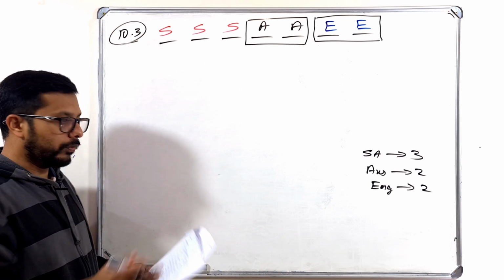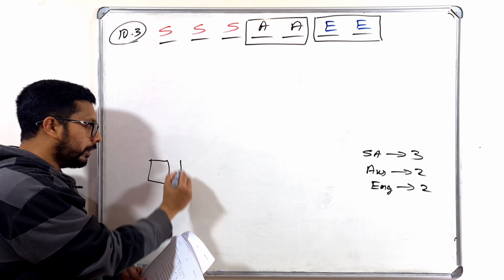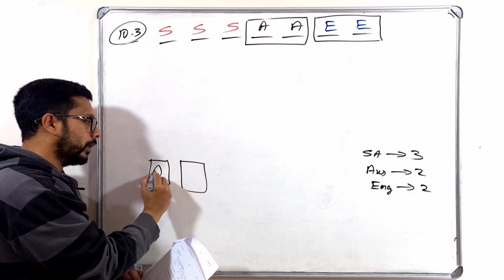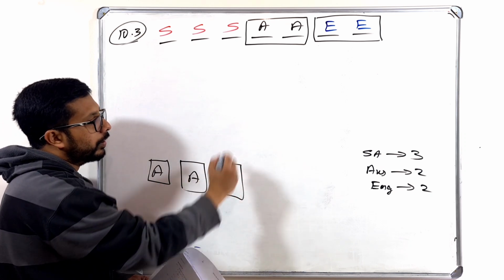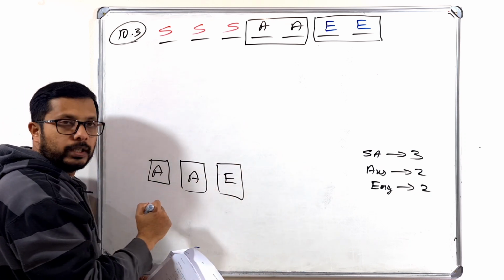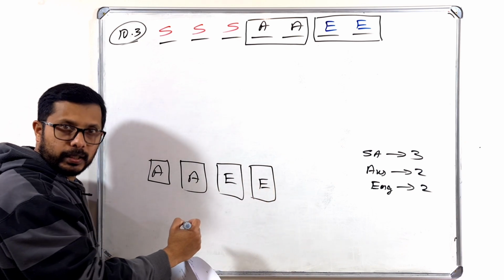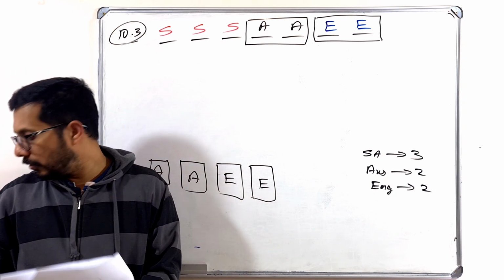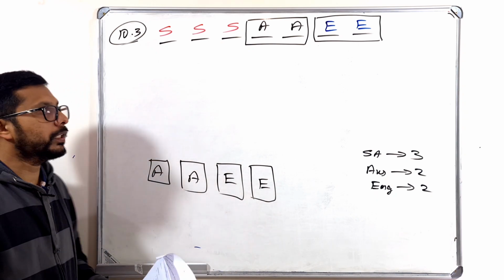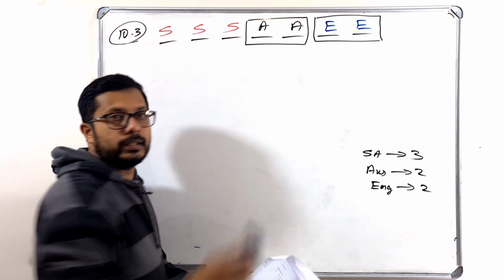That means if the first Australian's room is this one, then the next room is also an Australian. Then if one is an Englishman, the next room is also an Englishman. So it doesn't mean that it is exactly like this.